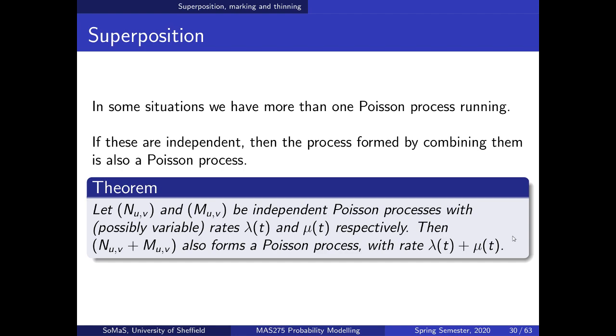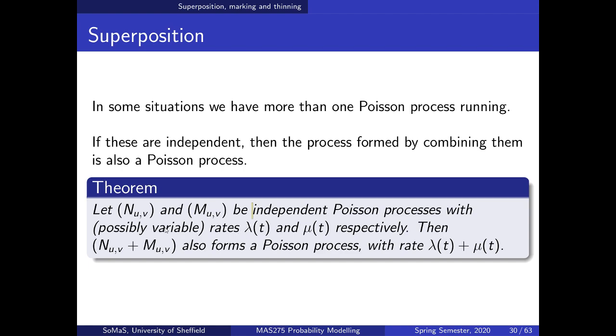And so the theorem is that if you have 2 independent Poisson processes, so N and M are independent, that's very important, and they have their rates. The rates can be constant or variable, it all works.